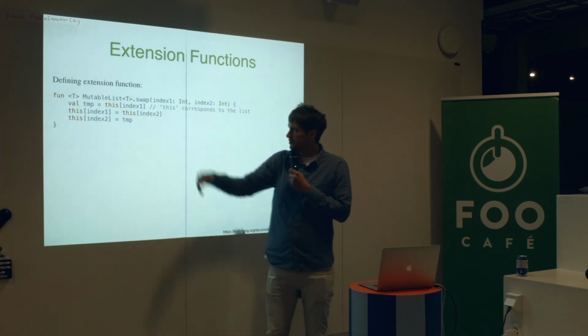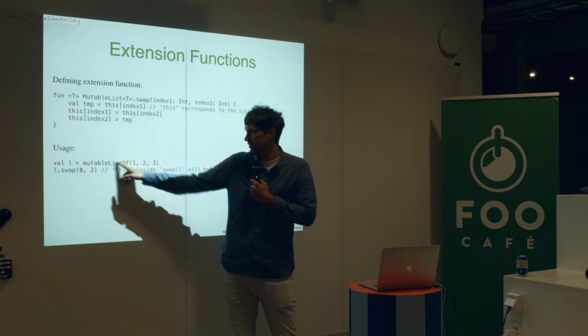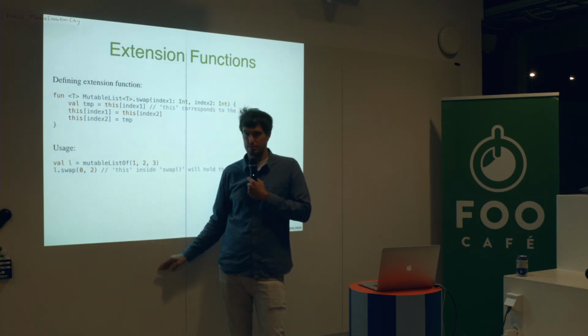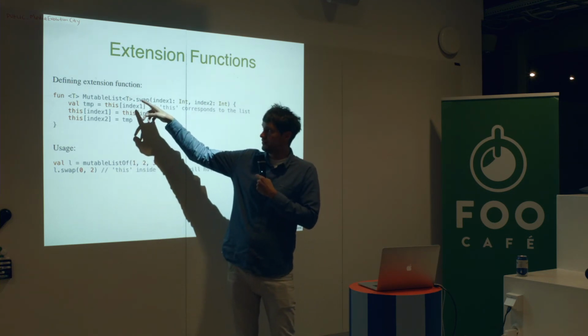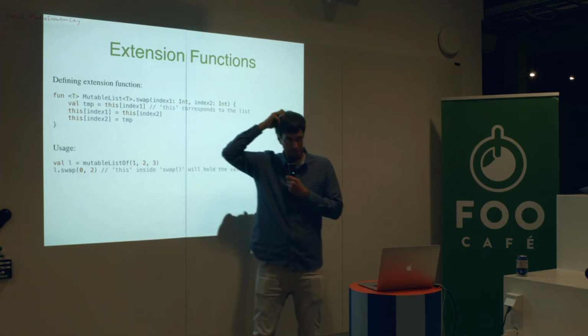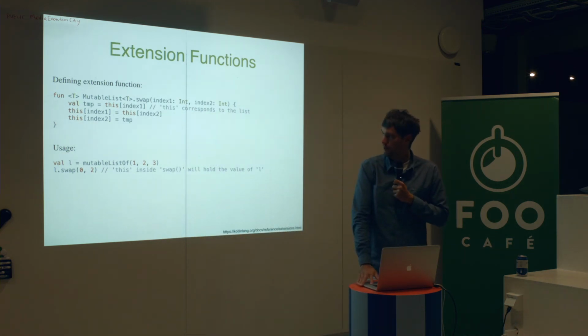And here's the implementation. And this means that when I now use this mutable list, I can call swap on this list, if you have this extension function in scope. You have to import the extension function. But that can be quite handy.